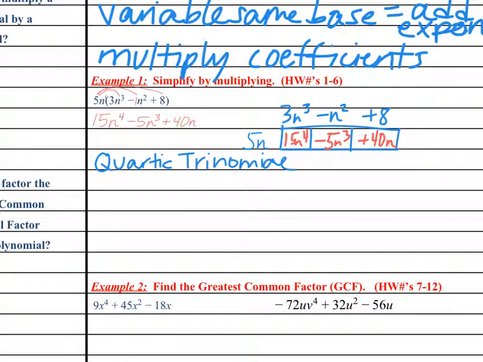Okay, now let's talk about the GCF. How do I factor the greatest common factor from a polynomial?